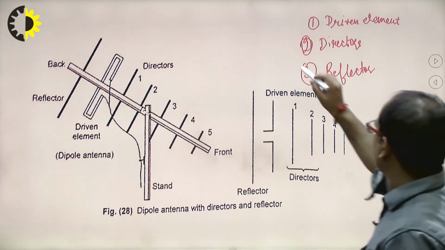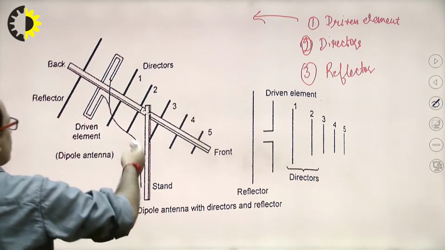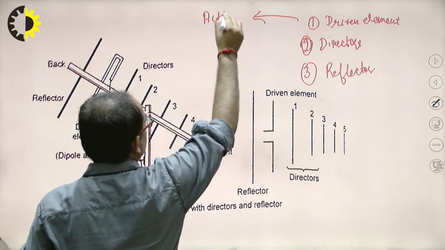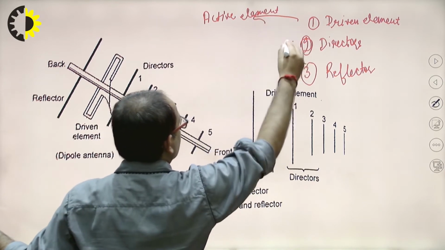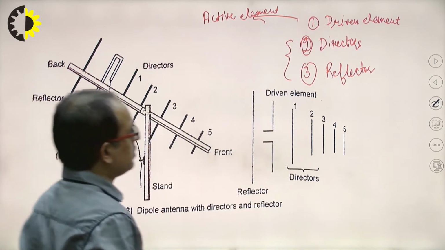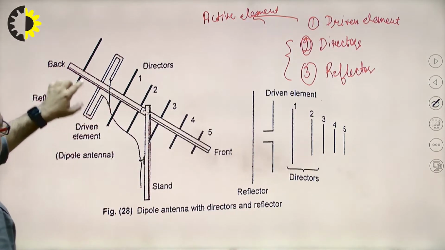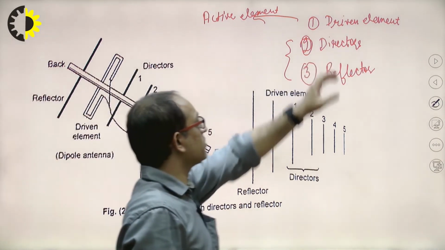Clear? And this driven element, to which we give the main supply, is also known as the active element, and the director and reflectors get their excitation from the driven element.